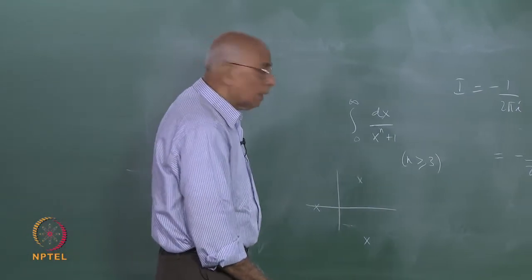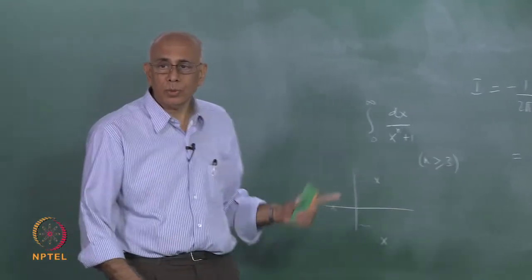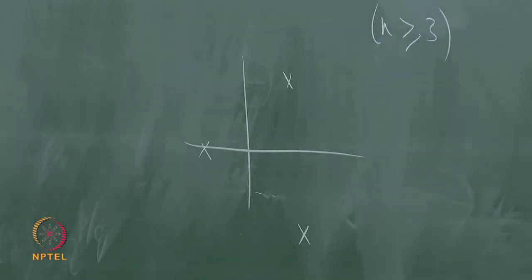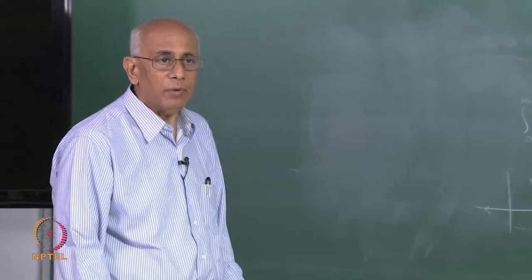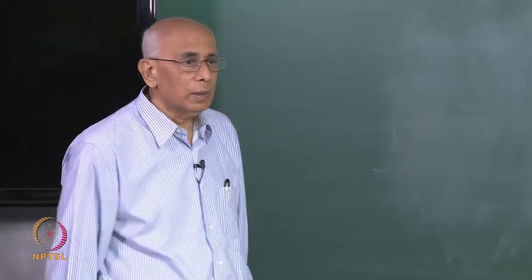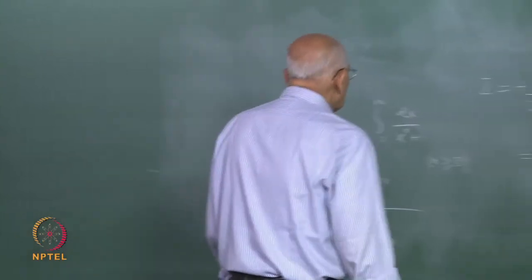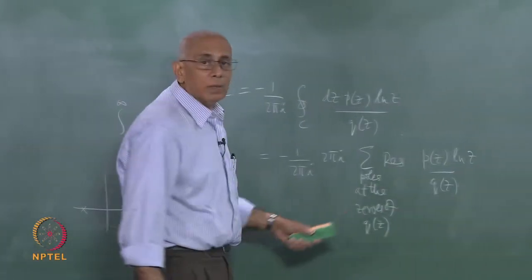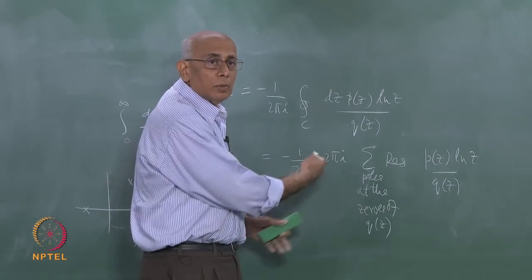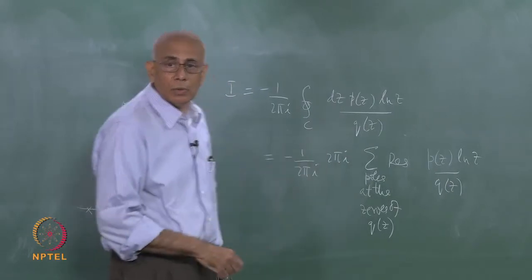And all you have to do is to pick up the contribution from these poles with the appropriate logs and simplify, and that is the answer. There are other ways of doing this, but this will tell you this is independent of what the power here is. It's straightforward to do this.